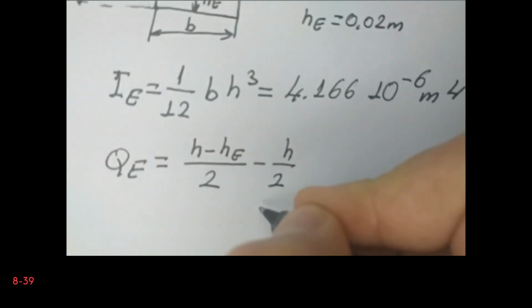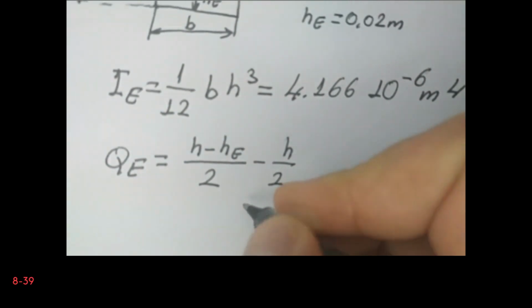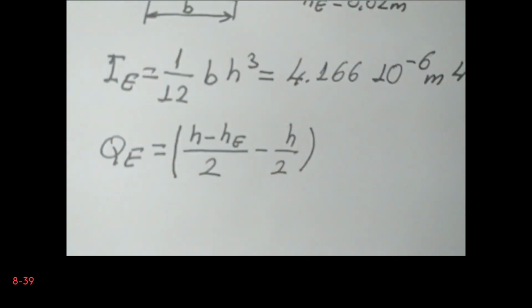So this is the distance to the neutral axis. Sorry, one more correction. So this is plus HE in fact. So let's write it here again.